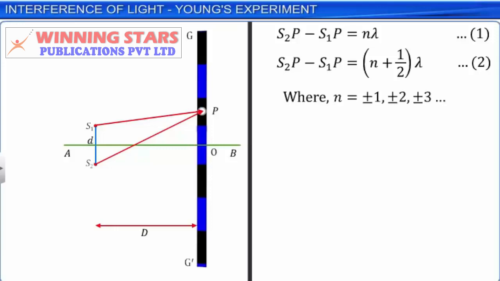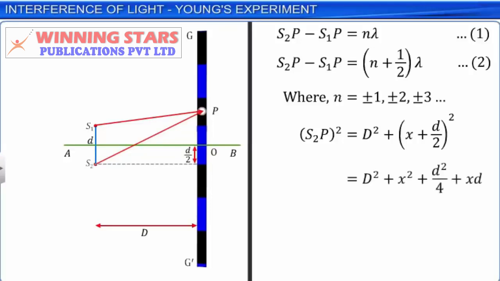From the diagram, as shown, we can write that S2P squared is equal to D squared plus x plus d by 2 whole squared. This is equal to D squared plus x squared plus d squared by 4 plus xd.